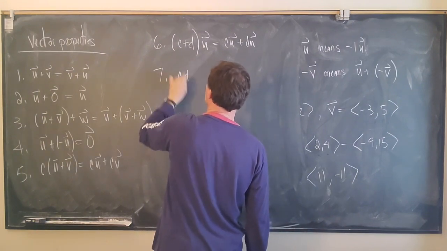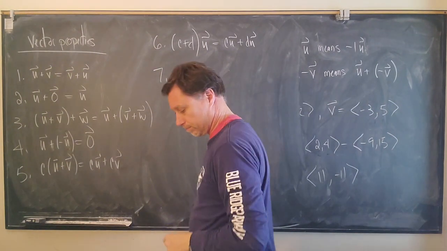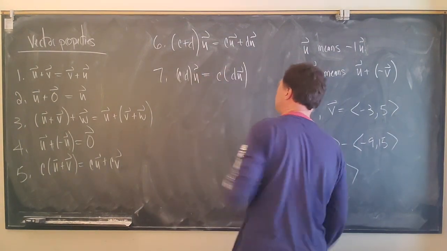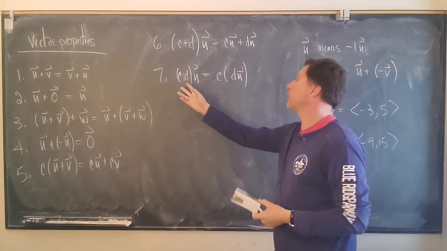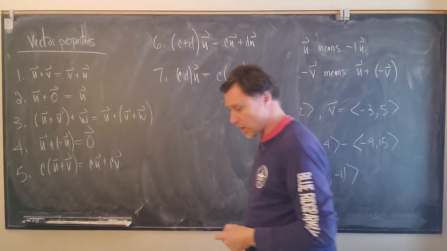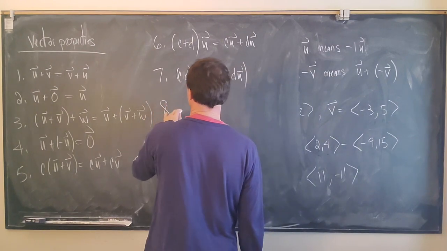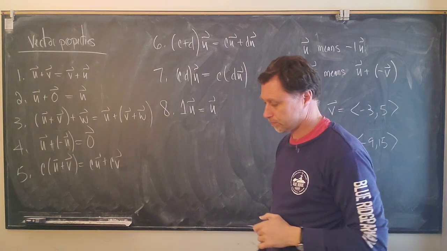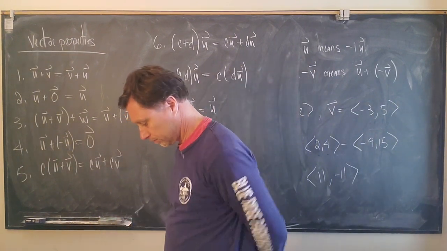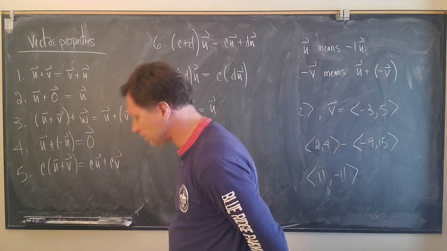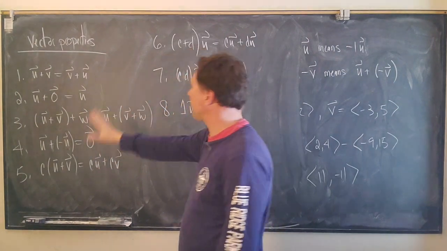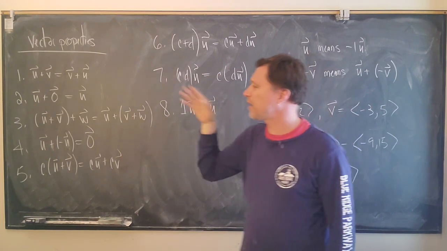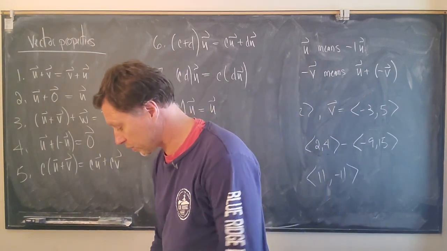Also, (cd) times u is equal to c times (du), so this is sort of an associative property with respect to scalar multiplication. And then one last property: 1 times u is equal to u. These are properties that you are free to use whenever needed, and they will show up. They just simplify the arithmetic involved in dealing with vectors.